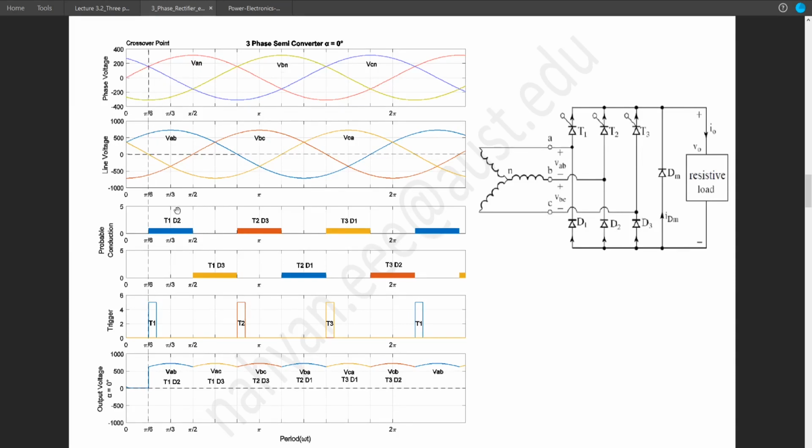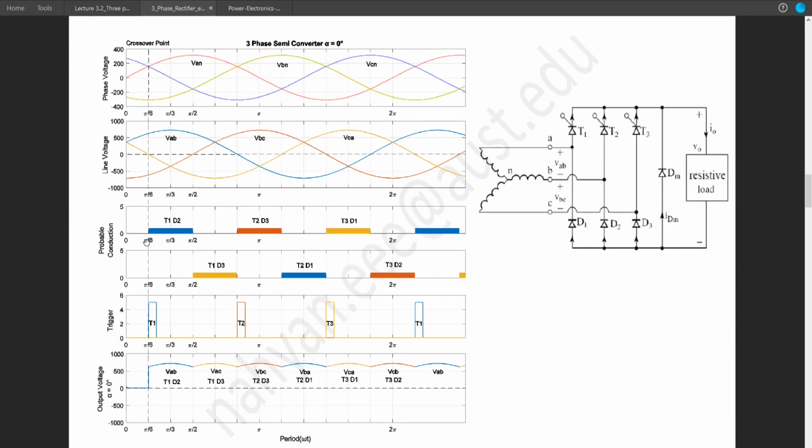So D2 will be automatically turned on, and if T1 and D2 are on, the current will flow from A through T1, through the load, through D2 to B. The positive terminal of the load will be connected to phase A and the negative terminal of the load to phase B. So we will get VAB across the load.